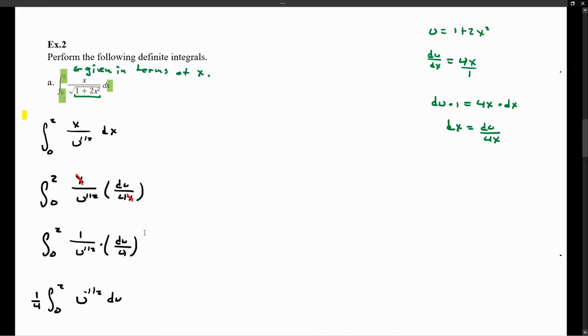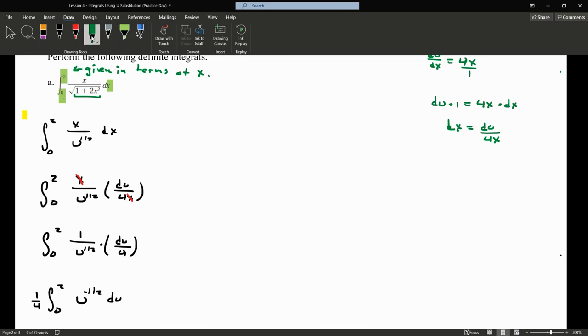That's a conflict because now we just rewrote the problem in terms of du. So we cannot use those limits of integration because they were in terms of x's. We're not working with x's anymore. We're working with u's. So we need to find the equivalency of those limits of integration in terms of u. And the way that we're going to accomplish this is as follows.